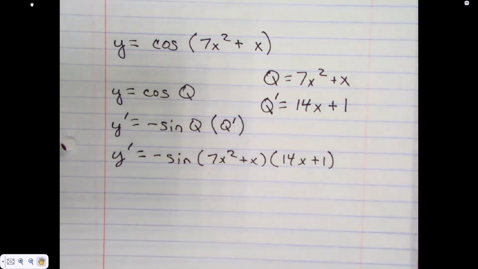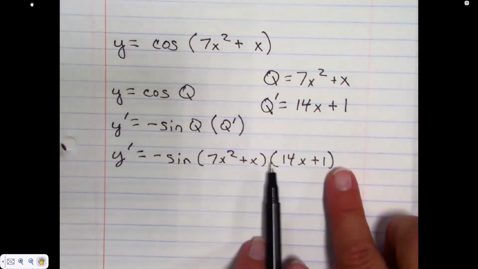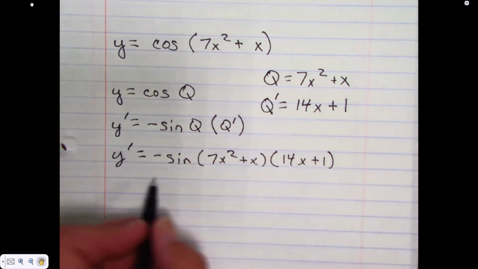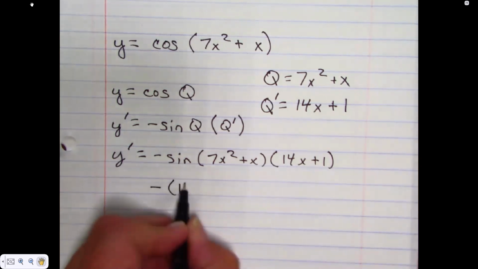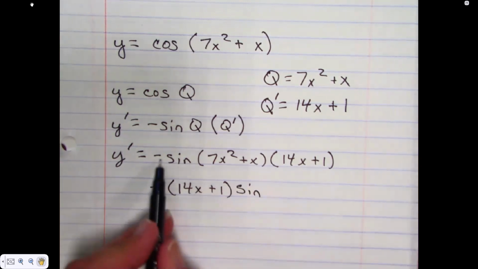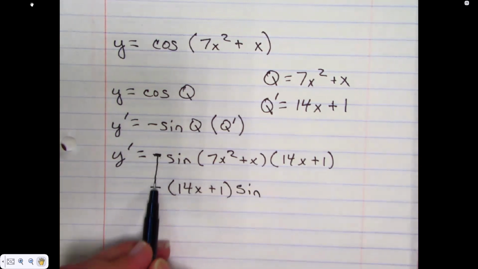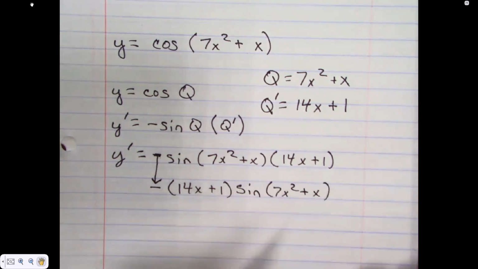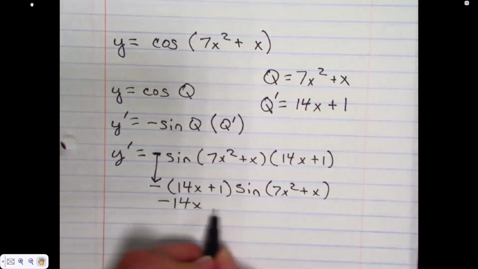That answer is more than fine. Sometimes we move this. This doesn't really have anything to do with the sine. So sometimes we would move that and write negative and then the 14x plus 1 and then the sine. To not lose that negative, usually we keep that first, but that's just preference. If you don't want to lose that negative, you could also distribute, but it would just be negative 14x minus 1.